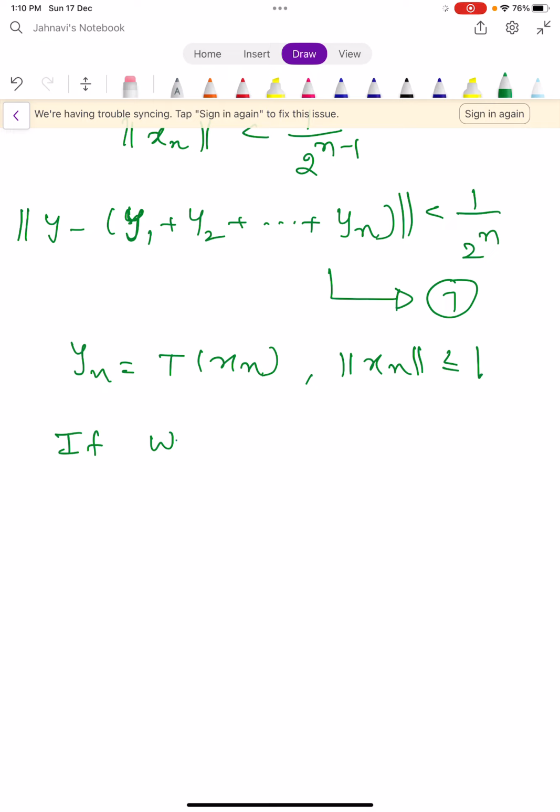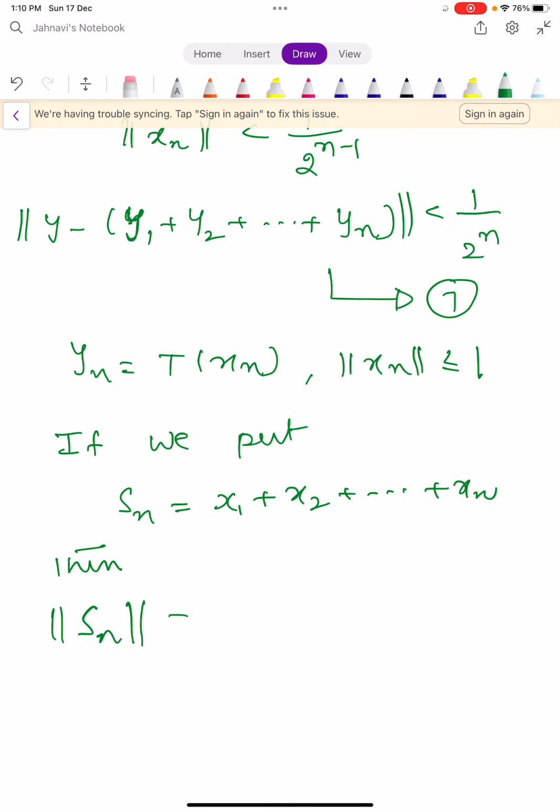If we put Sn is equal to x1 plus x2 plus and so on plus xn, then obviously it follows that norm Sn is equal to norm x1 plus norm x2 plus and so on plus norm xn.